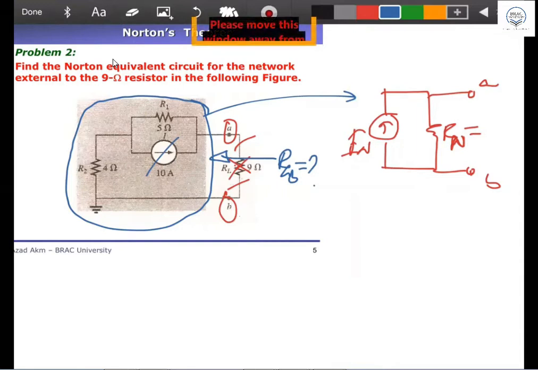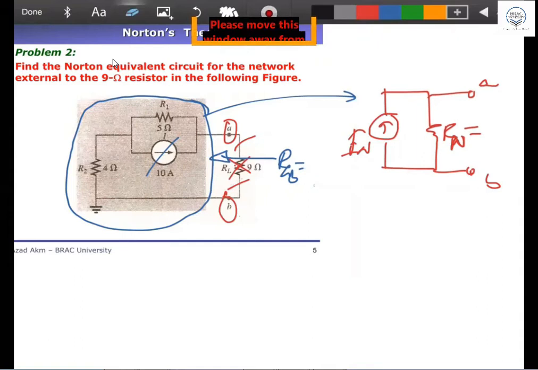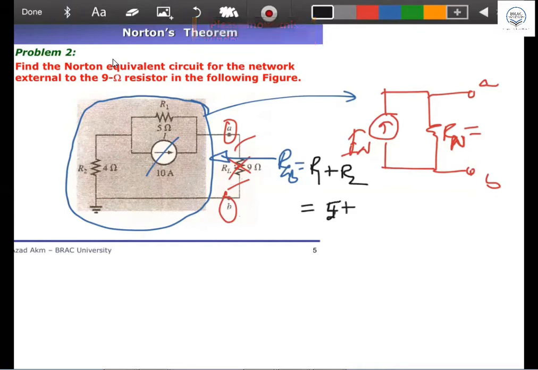These two resistances are in what? Series. Yes, R1 and R2 will be in series, meaning they are adding together. That means it is 4 plus 5 or 5 plus 4, whatever you say, and that gives you a 9 ohm resistor.